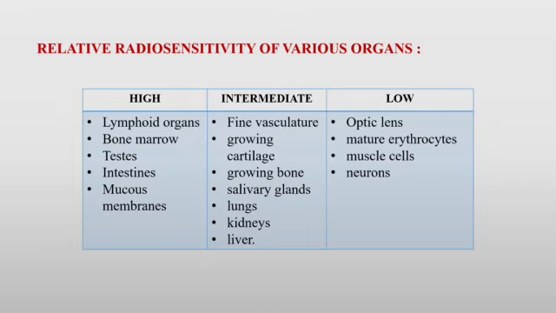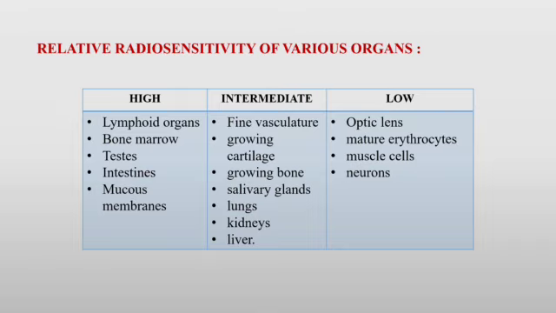These organs divide regularly and undergo little or no differentiation between mitoses. Intermediate radiosensitive organs such as fine vasculature, growing cartilage, growing bone, salivary glands, lungs, kidney, and liver divide occasionally in response to demand for more cells. The third one is low radiosensitivity organs like the optic lens, mature erythrocytes, muscle cells, and neurons.